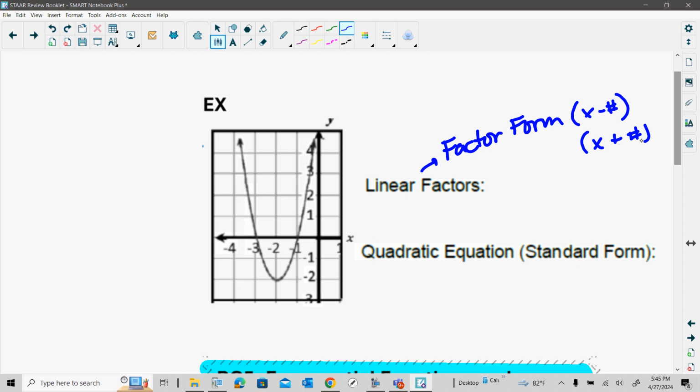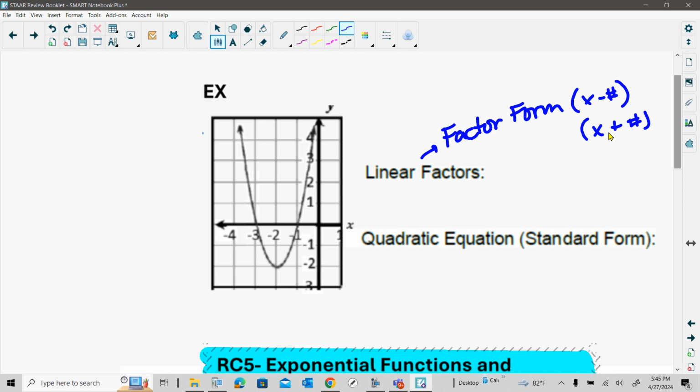But that number is the opposite of the zero. This is kind of what we did at the very beginning of our packet, our booklet here. I can physically see the zeros right here. This lets me know x equals -3, and here is the other zero or solution, x equals -1.